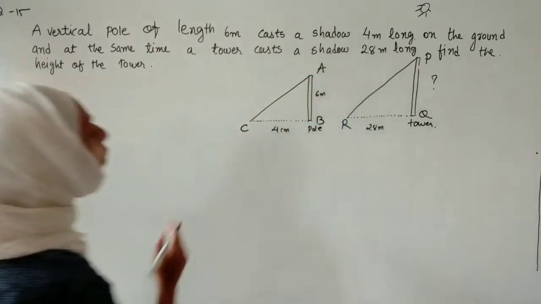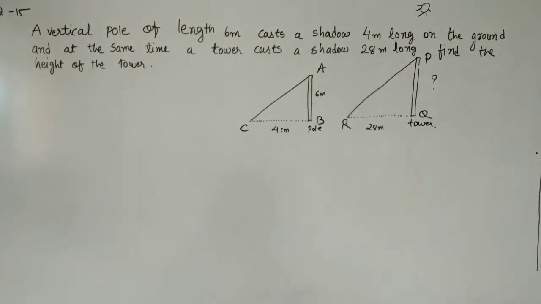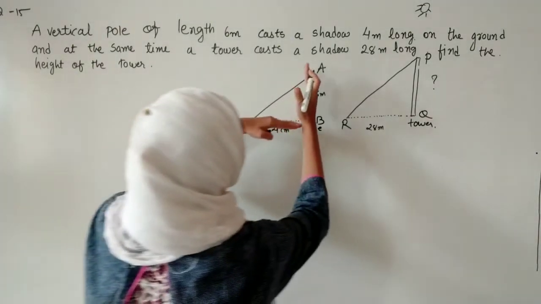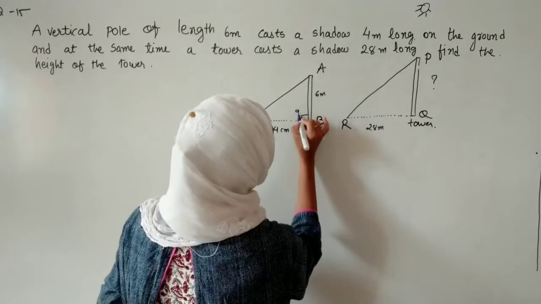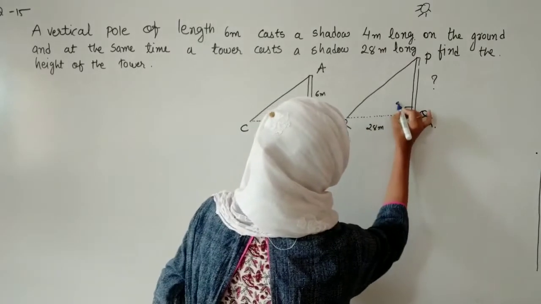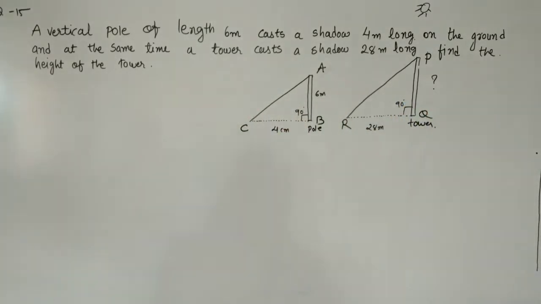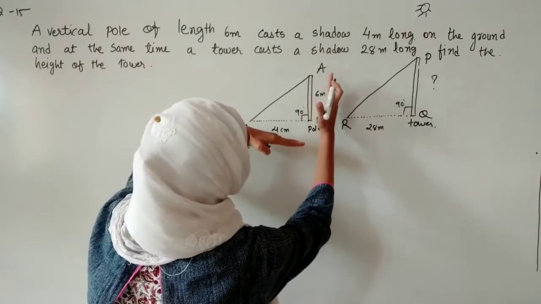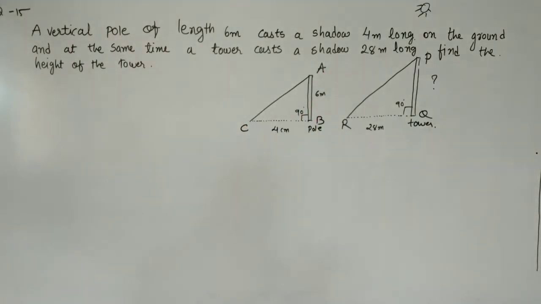Because we will use the Pythagoras theorem, as this pole and that shadow will make an angle of 90 degrees over here. If we are making 90 degrees there, what will we use from that? Here we first have to prove similarity of triangle ABC.